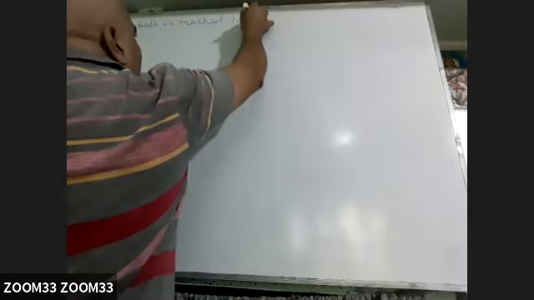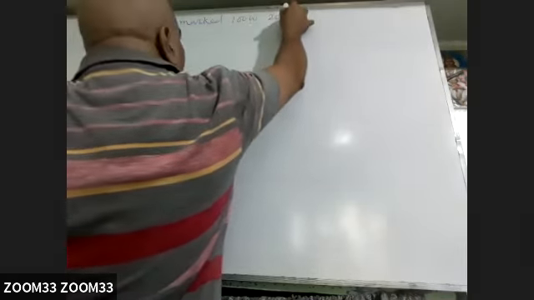Okay, now suppose you are asked, a bulb is marked 100 watt, 200 volt. What are the informations that we get from this marking?